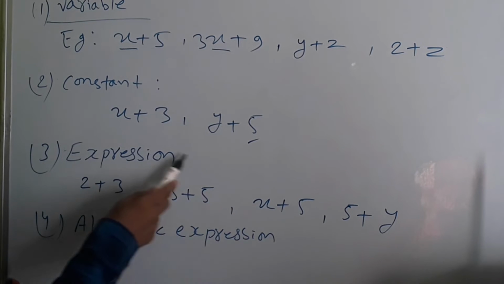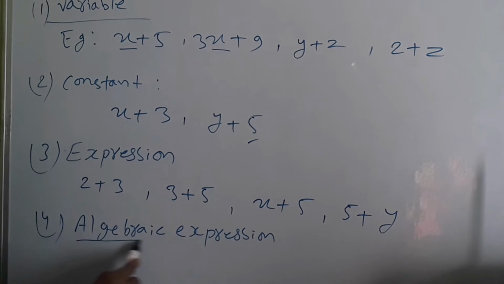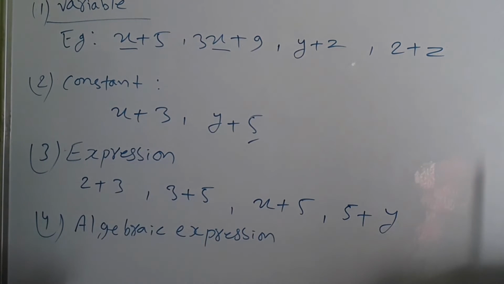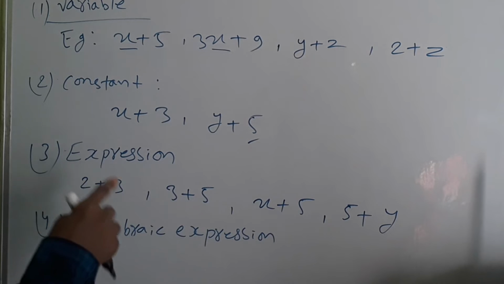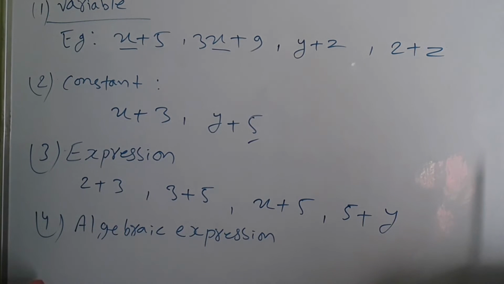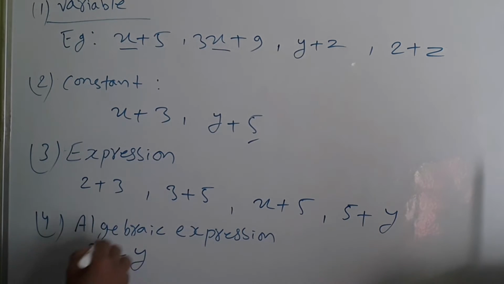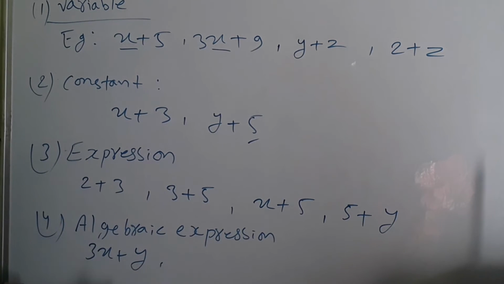They are the same, but when you have algebraic, it means it is in the form of algebra. It means that it is mixed with variables and constants and also the operation. For example, like 3x plus y, here x and y are variables and 3 is a constant. This is an algebraic expression.